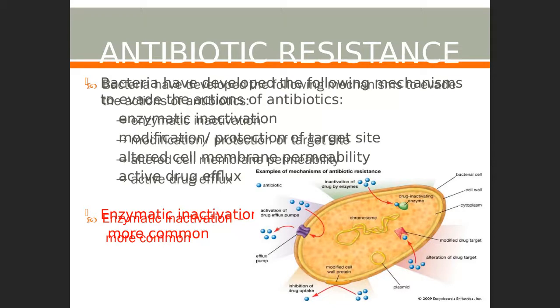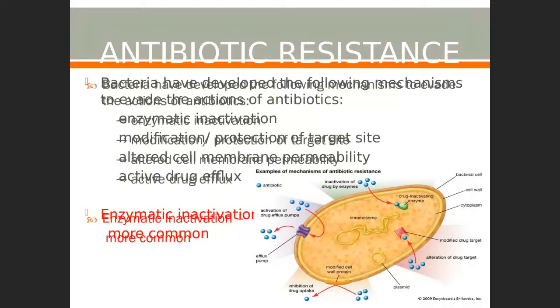What does it do? It will not allow the drug to enter inside, or it will develop certain pumps, as you can see in this picture, which will throw the antibiotic outside, efflux pumps. So as soon as the antibiotic enters inside, it will throw it outside.